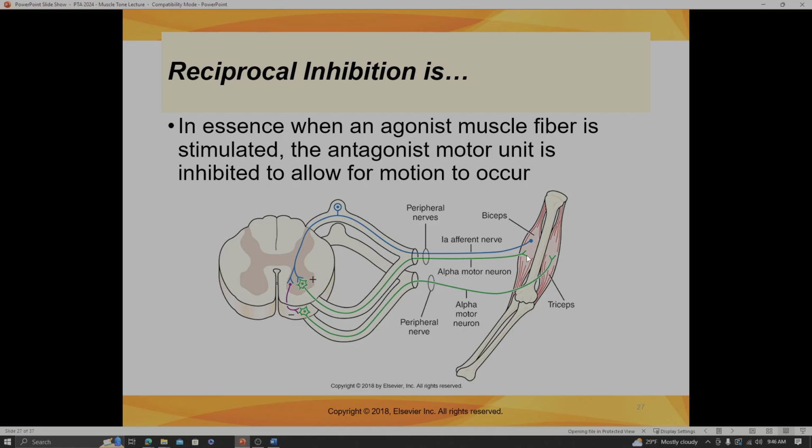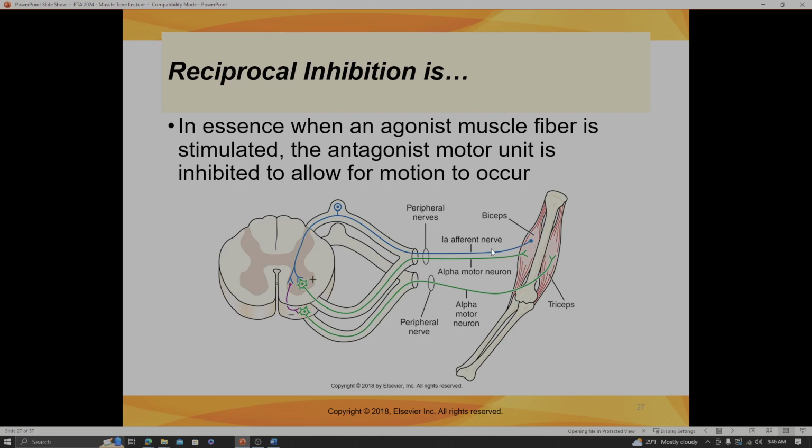So in this example, in order to contract my bicep, I don't just need a motor impulse that's going to stimulate the bicep to contract. That's one half of the equation, right? I certainly need that impulse that will stimulate bicipital contraction, but I need a concurrent signal that will be sent to the triceps to stimulate that muscle to relax, to allow for range of motion into the elbow flexion I'm trying to perform.